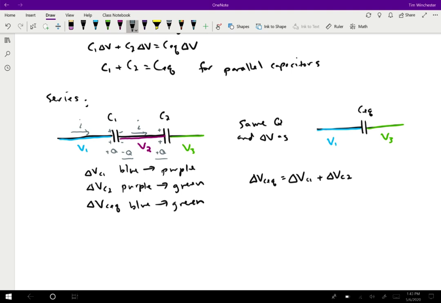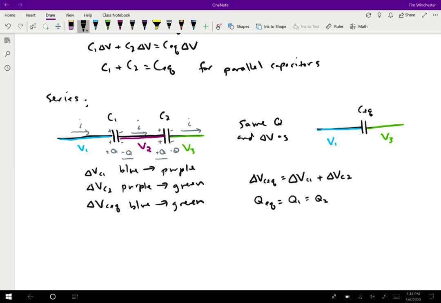Okay, and then finally we'll have minus Q over here, just so that that is an overall neutral capacitor, and then the same current going down this wire. Okay, so the takeaway from all of that is that Q equivalent equals Q1, which is equal to Q2.